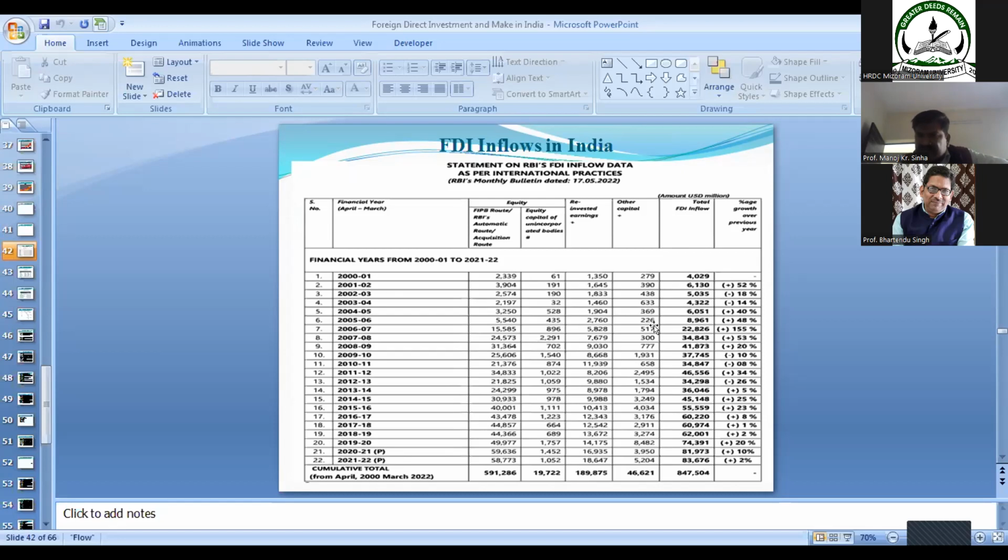If there is a negative sign, then FDI inflow in India decreased with respect to the previous year. So we can see alternating plus minus signs, but since 2013 and 14, the sign is positive and continuously positive. It indicates that FDI inflow over this period has consistently increased with respect to the previous year.